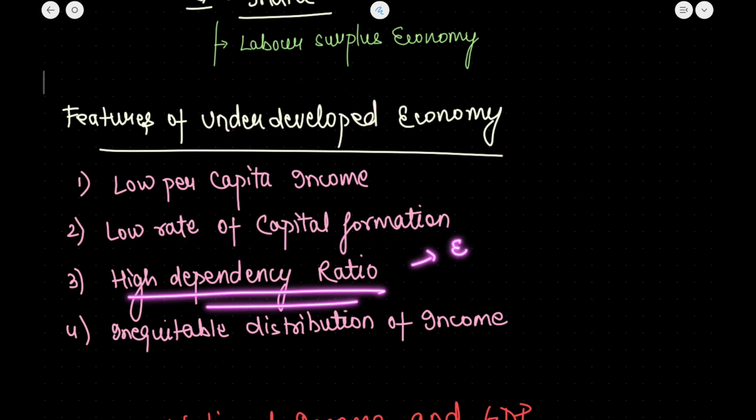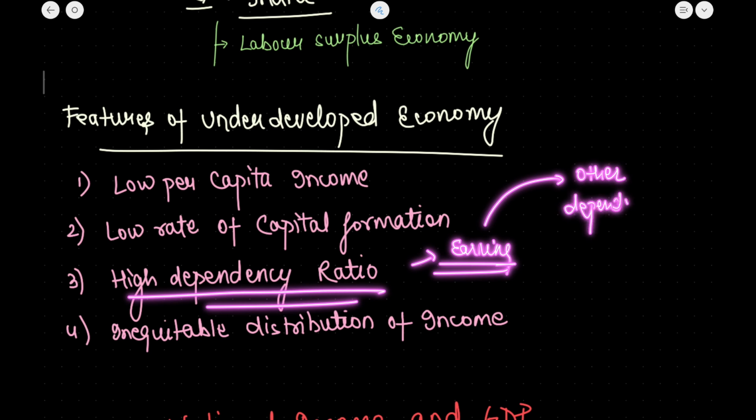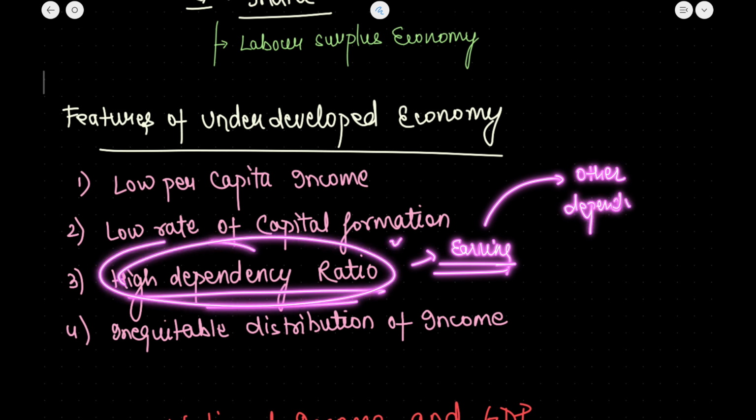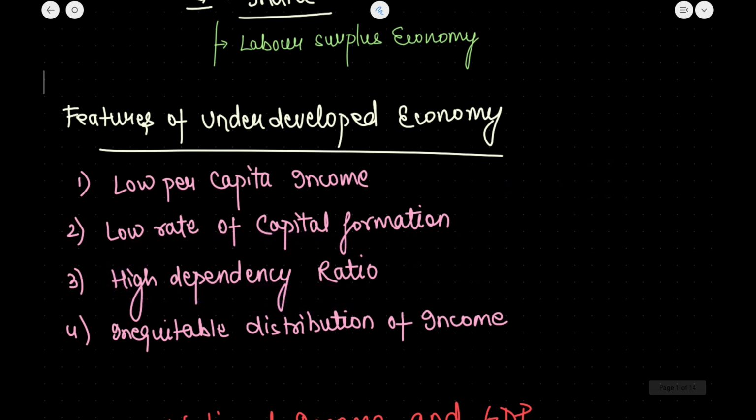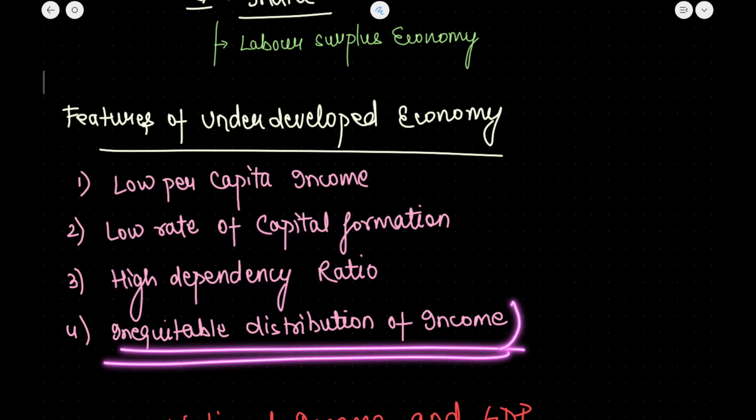Now the earning hand is one person and the other people in the families are dependent on that person, so there is a high dependency ratio. Then there is inequitable distribution of income. The distribution of income can be measured between the rich and the poor.